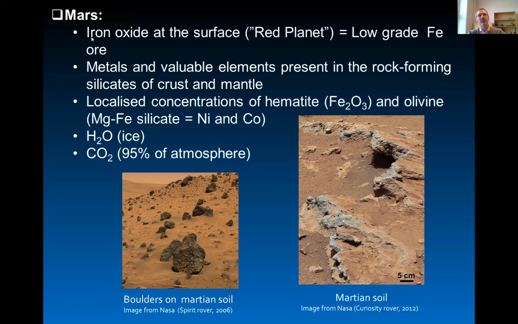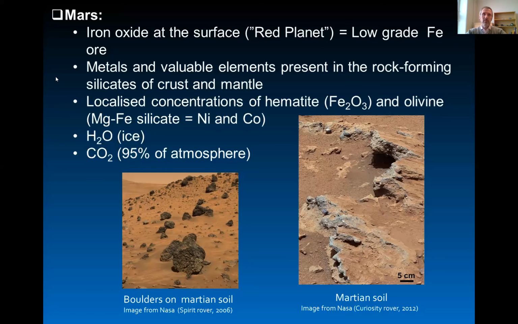And that led to formation of iron oxide on the surface of the planet. That's this red aspect, this red color of the soil you see on these two photos of the Martian soil. And that is low-grade iron ore.